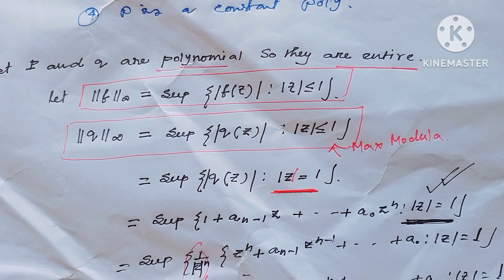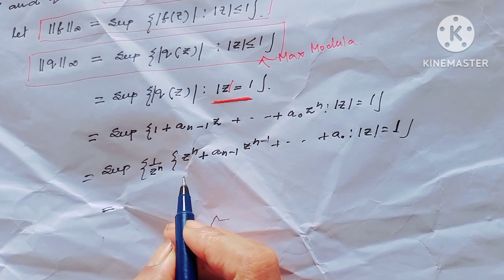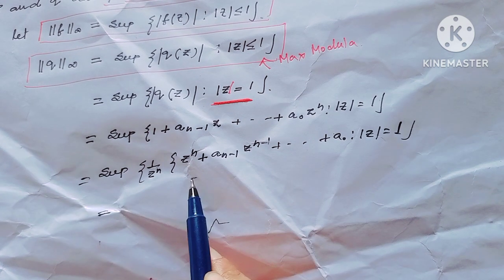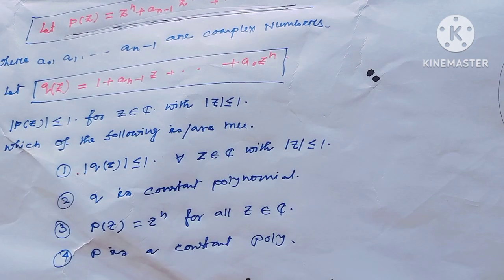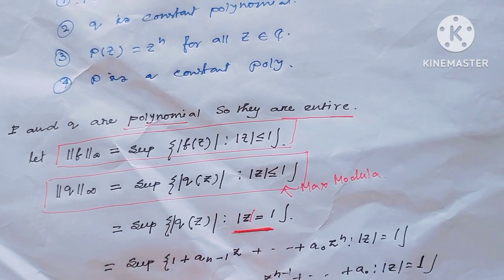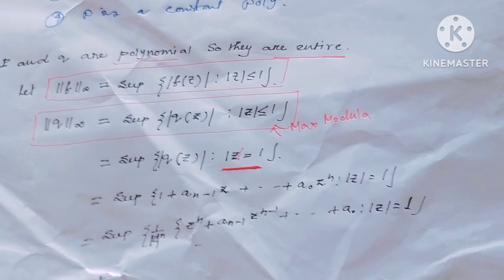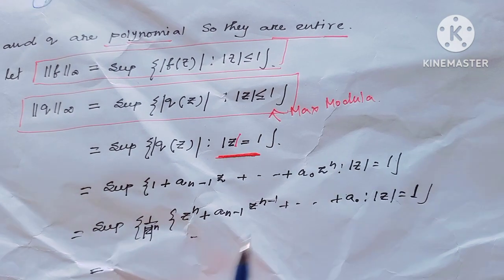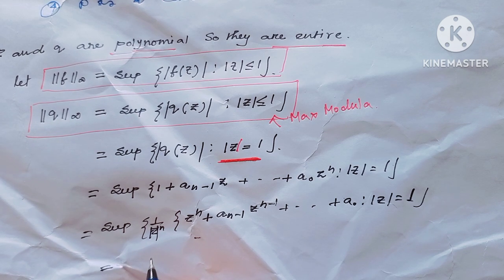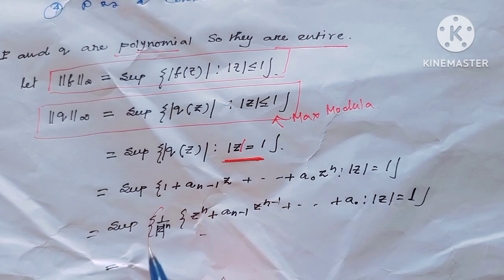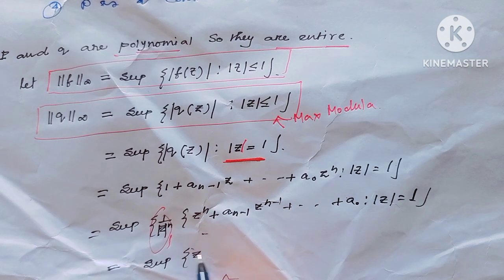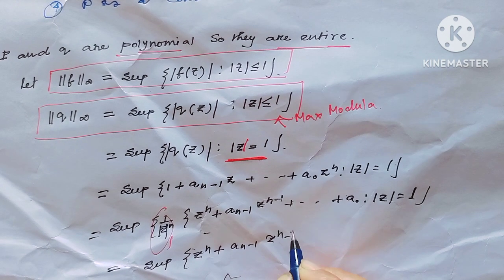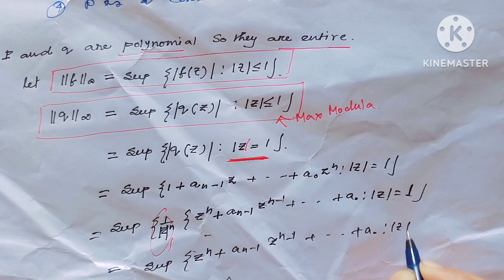So we can always divide this equation by 1 over z^n. And notice, this is actually the polynomial P(z) if we divide by 1 over z^n. Since this is the value for |z| equal to 1, this is actually the supremum of z^n plus a_{n-1} z^{n-1} up to a_0, such that |z| equal to 1.